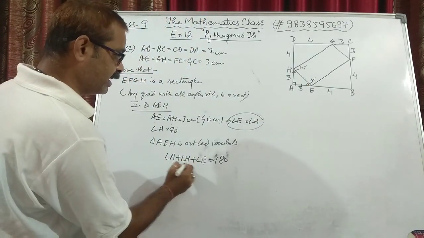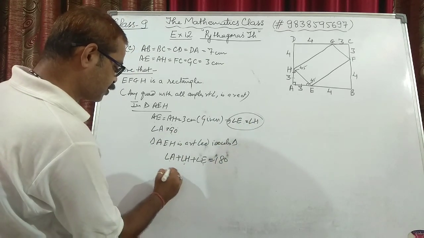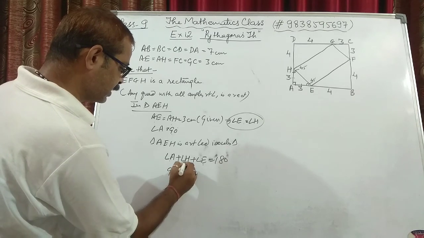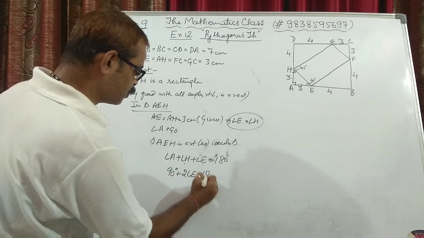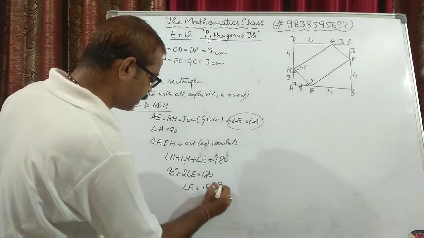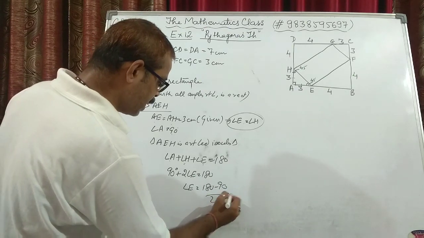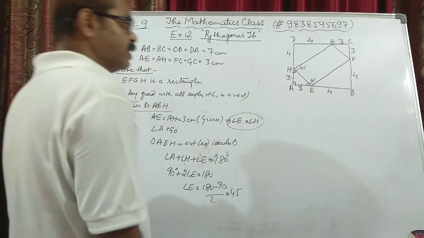So E and H are equal, right? Angle A is given 90 degrees. So 90 plus, in place of H if I write E, 2 times angle E is equal to 180. So angle E is equal to 180 minus 90 upon 2, and that is 45 degrees. So this comes 45, this comes 45.